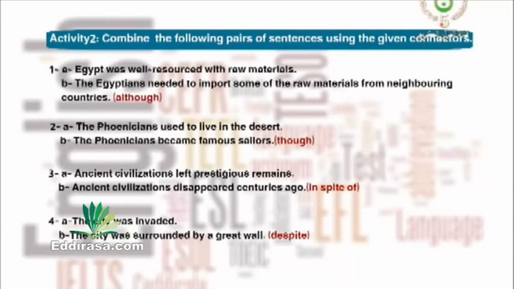The link word this time is in spite of. And here we have two possibilities. Pay attention. The last one. The city was invaded. The city was surrounded by a great wall. With despite. And again, here we have two possibilities. Are you ready? Let's start sentence by sentence.